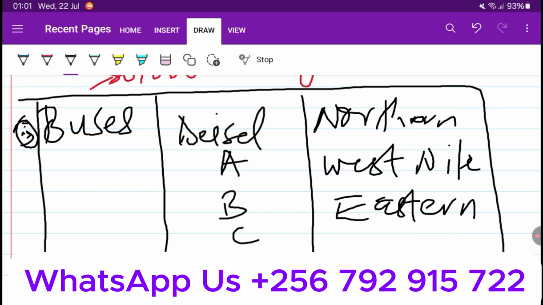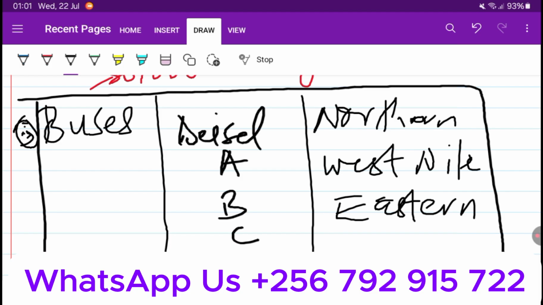You'll find that a bus, maybe the bus which was going to the north, consumed, because even the distance is going to be a little bit different.